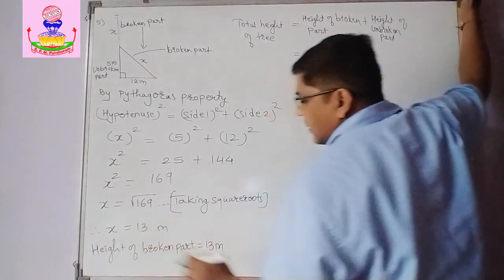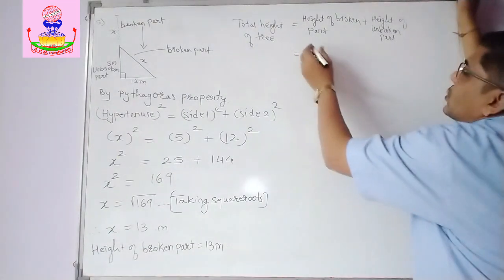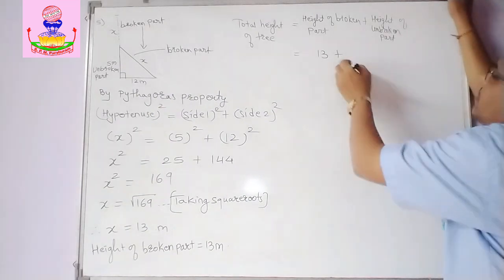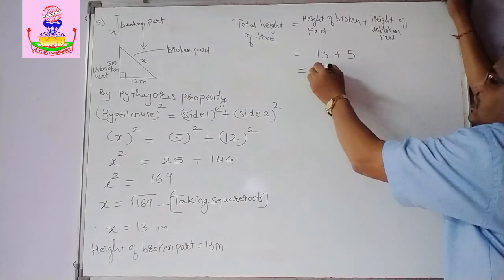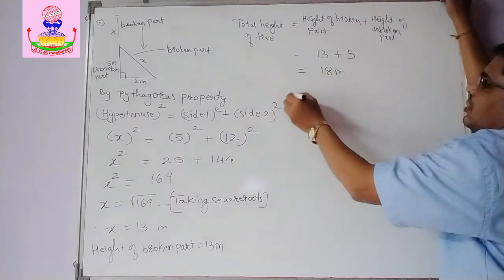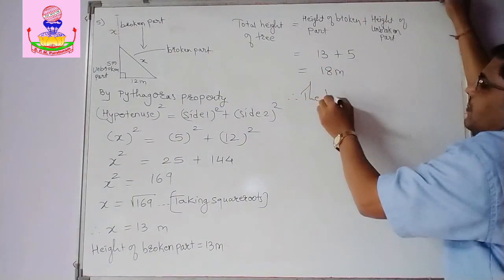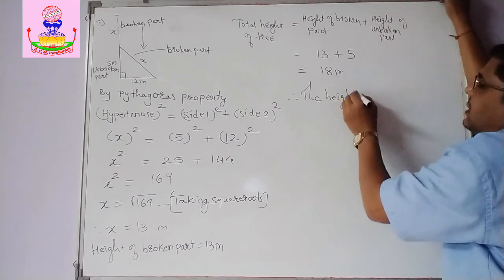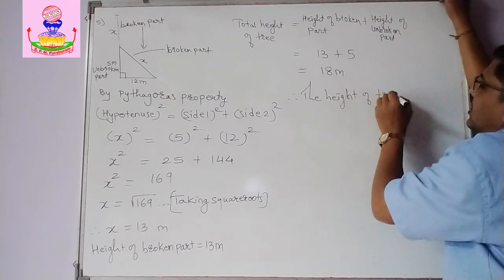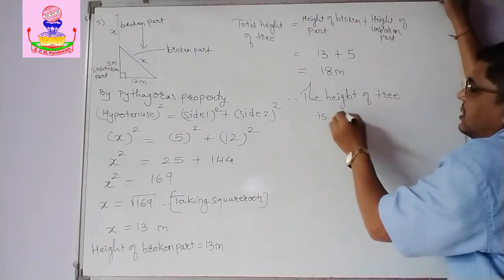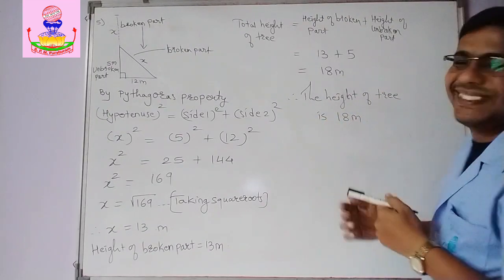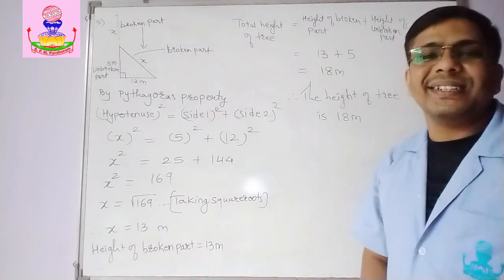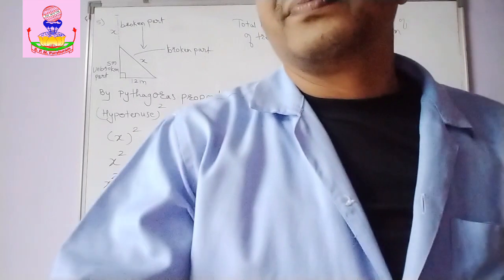Yes, 13 meters, not centimeters, 13 meters. So 13 plus the height of the unbroken part, 5. So 13 plus 5, 18 meters. Therefore, the height of the tree is 18 meters. Now I hope you have understood. Let's move to the next example.